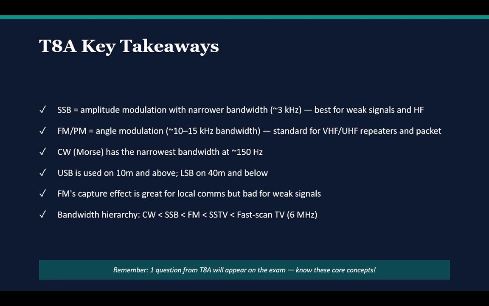Upper sideband is used on 10 meters and above, and lower sideband is used on 40 meters and below. If you are coming from the Citizens band or 11 meters, they have a tendency to run that backwards for whatever reason. Most of the ones, at least in my area, that I've run across, and I love to tune down there and listen.